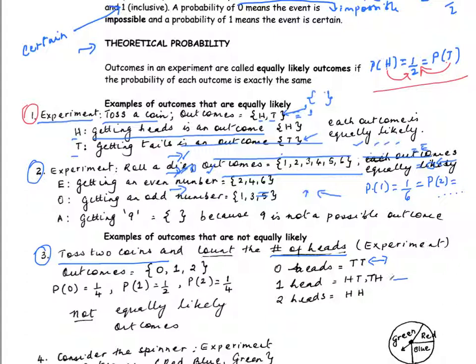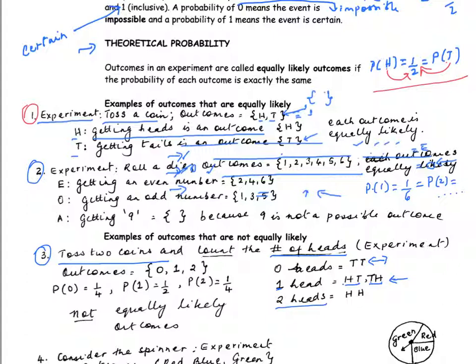The number of heads in either one of these cases is 1. When we toss two coins, we could get heads first, then tails, or tails first and then heads. Either one of these would have one head. So there are two possible outcomes for which the count is one head.